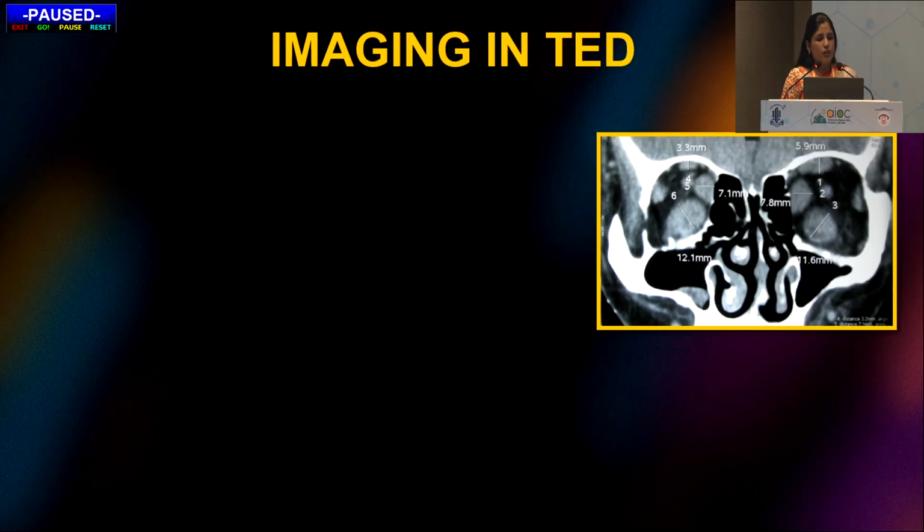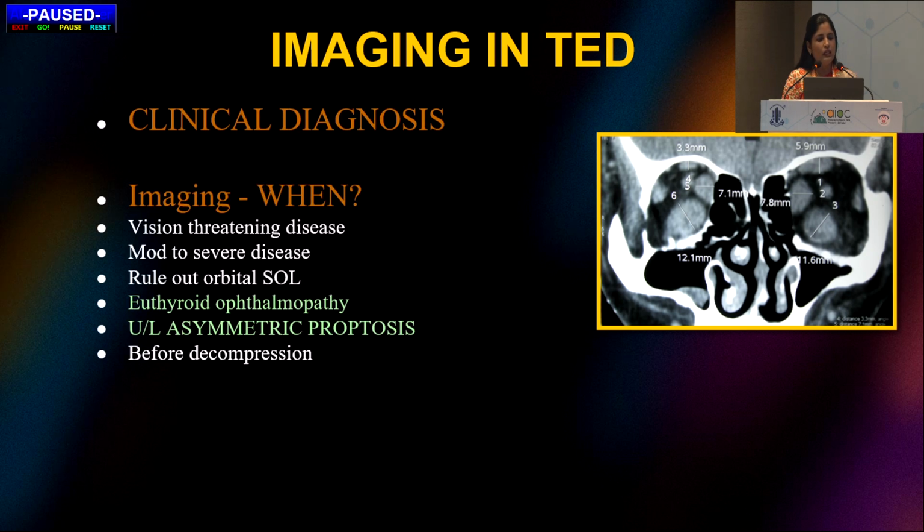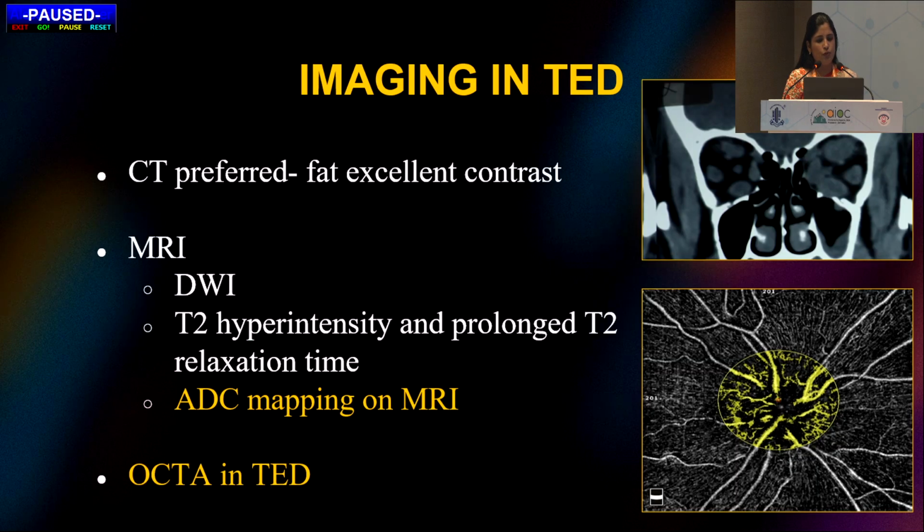So as I've emphasized, thyroid eye disease is a disease mainly of clinical diagnosis. However, imaging would be necessary mainly in euthyroid ophthalmopathy and also in unilateral asymmetric proptosis, and also in vision-threatening disease and before decompression. When you are suspecting any cerebral pathology such as CST or CCF, then brain imaging would be necessary.